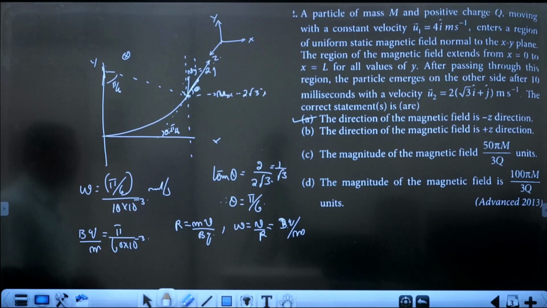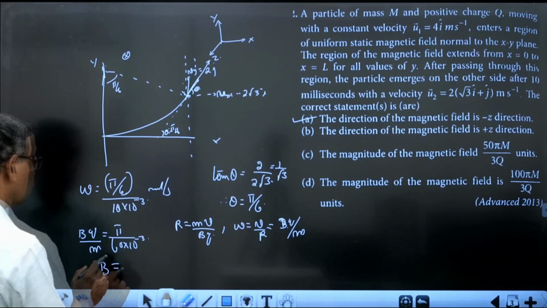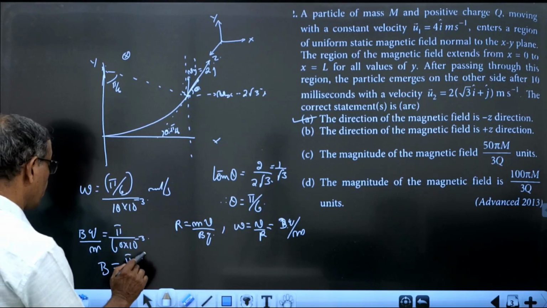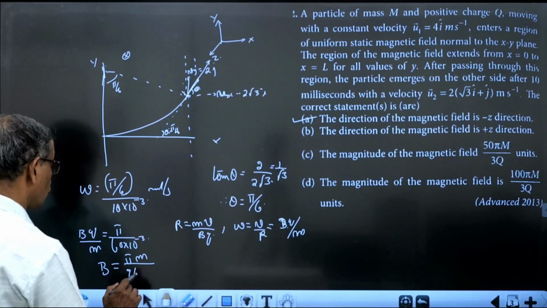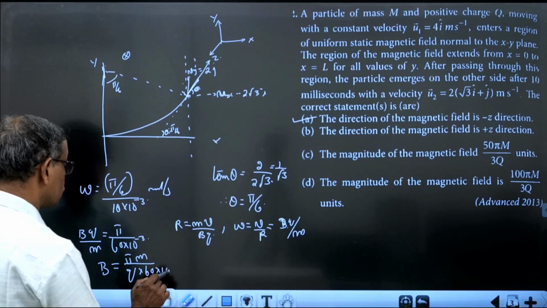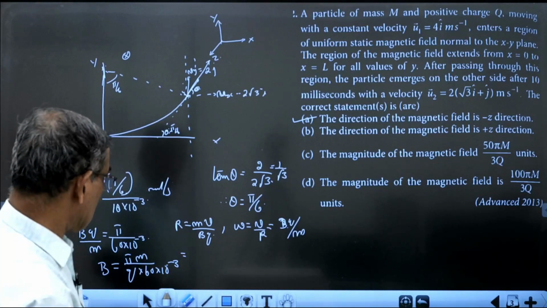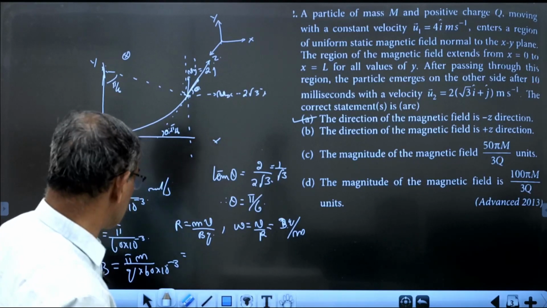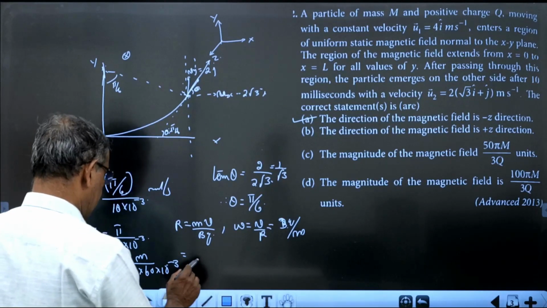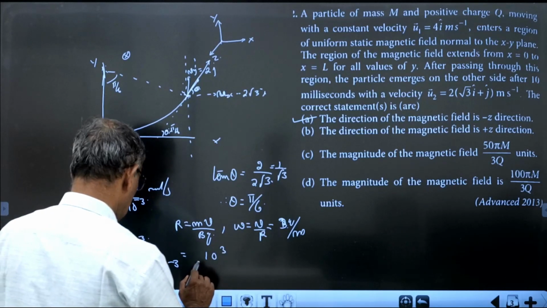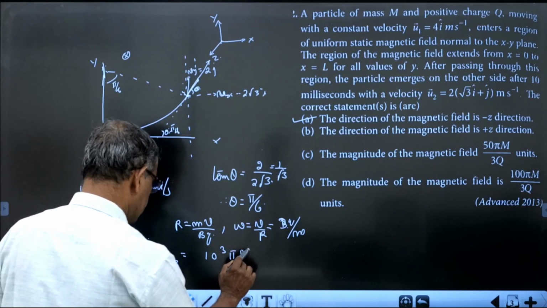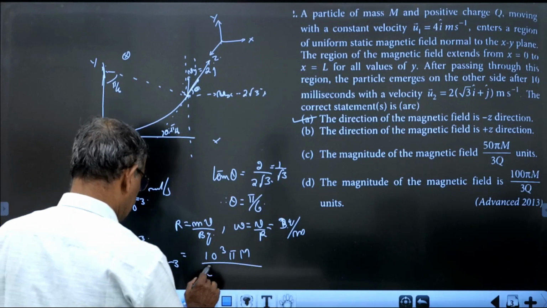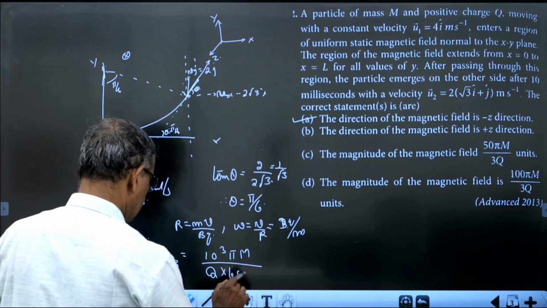And what is asked there? We have to calculate the magnitude of the magnetic field. The direction of the magnetic field is already obtained. Now the strength of the magnetic field B is given by B is equal to pi m by q into 60 into 10 raised to minus 3. Capital M, instead we use a small m; Q itself, capital Q is there. Now this can be written as 10 raised to 3 pi M by Q into 60.